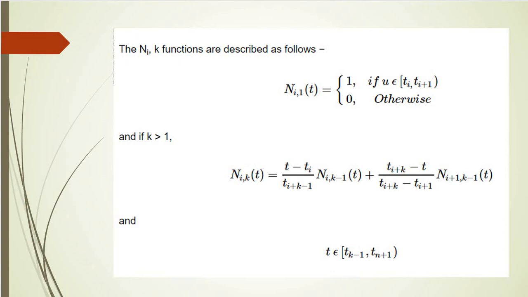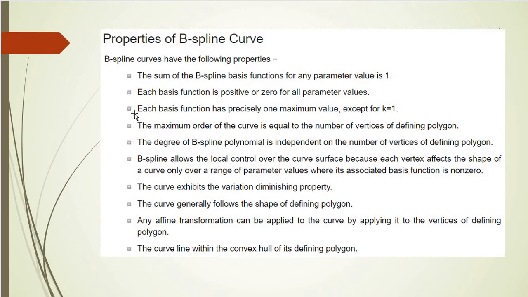Now we will see a few properties of your B-spline curve. The sum of B-spline functions for any parameter value is 1. Each basis function is positive or 0 for all parametric values. Each basis function, which is nothing but a blending function, has precisely one maximum value except for k equal to 1.